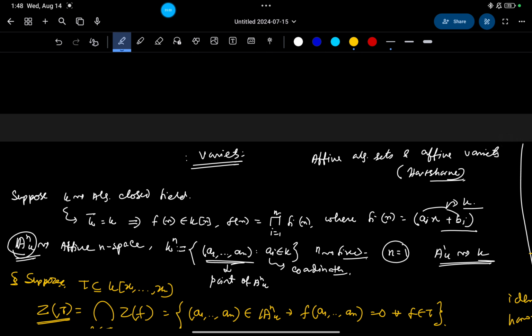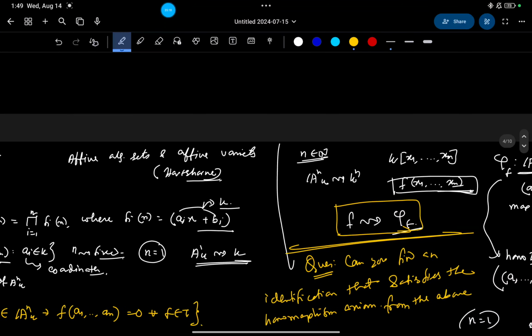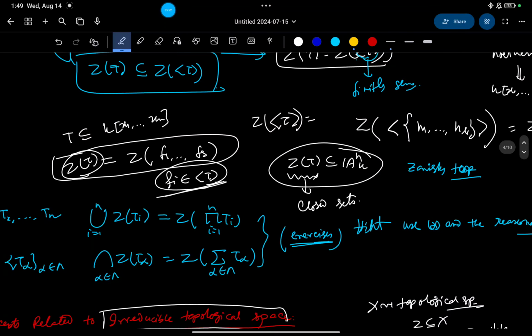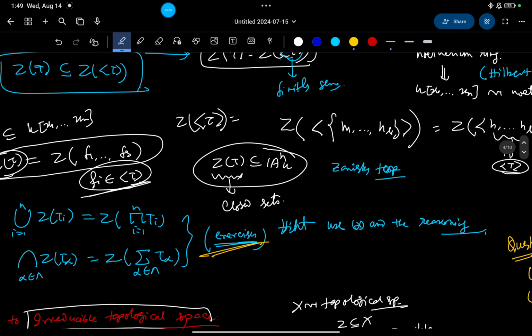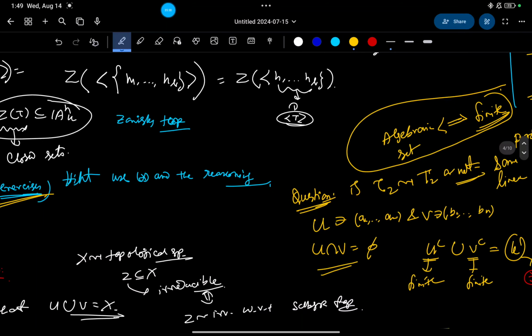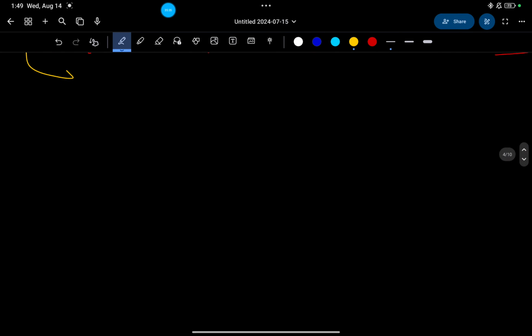Maybe we have to pause the reading of Hartshorne because we need to go to algebraic curves through some other books. I request you to fill up the gaps that I have put as exercises and make yourself very comfortable with some basic theorems.